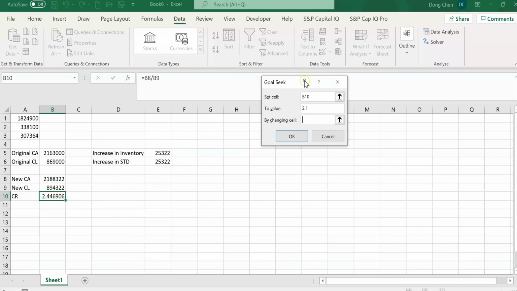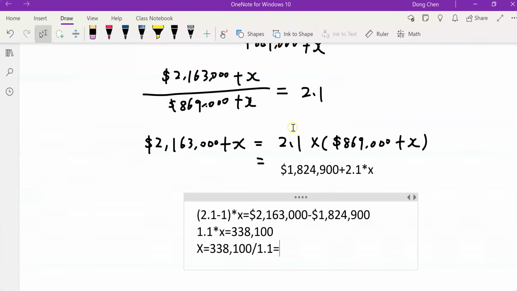The third row here is By changing cell. This is the unknown which I can adjust that will eventually make the current ratio reach the target level of 2.1. Obviously the cell I want to adjust is this increase in inventory, like the X in this equation.